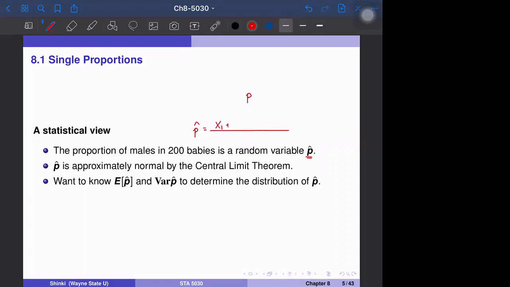Maybe 0 means female and 1 means male. So each xi is either 0 or 1 with 50% probability, and p hat is a sample mean. And x1 to x200 are independent and identically distributed random variables. So p hat is approximately normal.